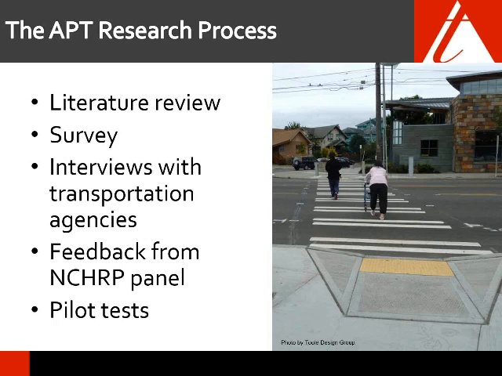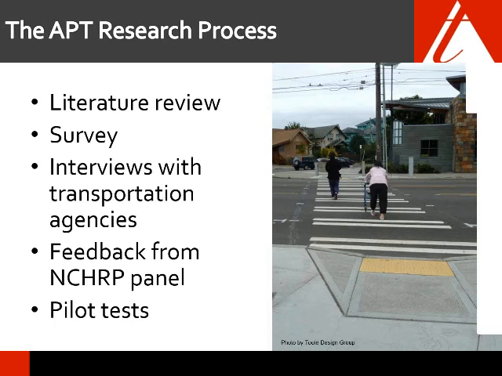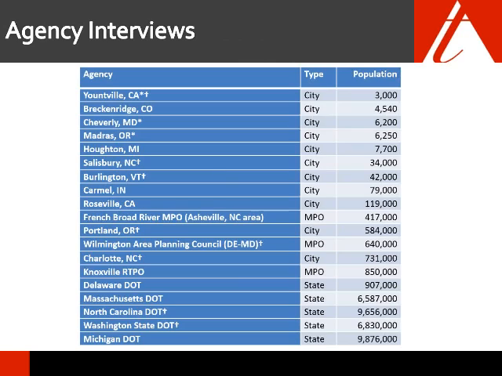We conducted 19 telephone interviews with a variety of communities to follow up and find out more in-depth information about how their prioritization worked. Why were they doing prioritization? How did they collect their data?